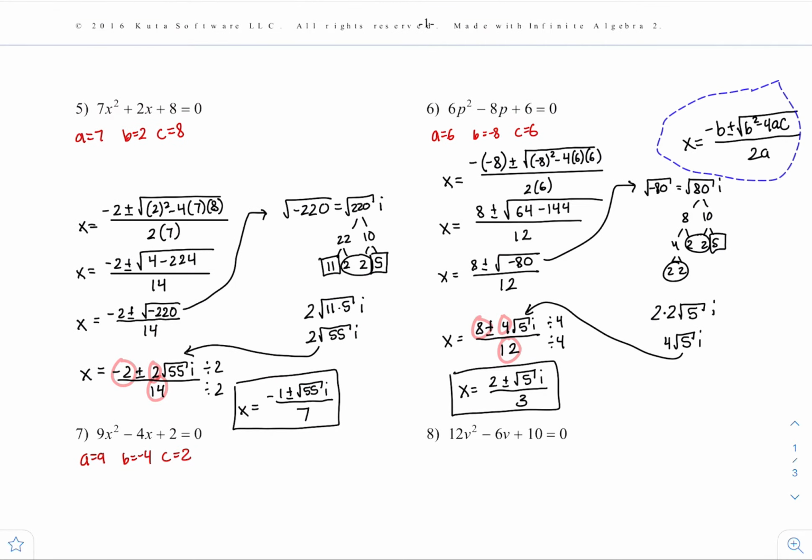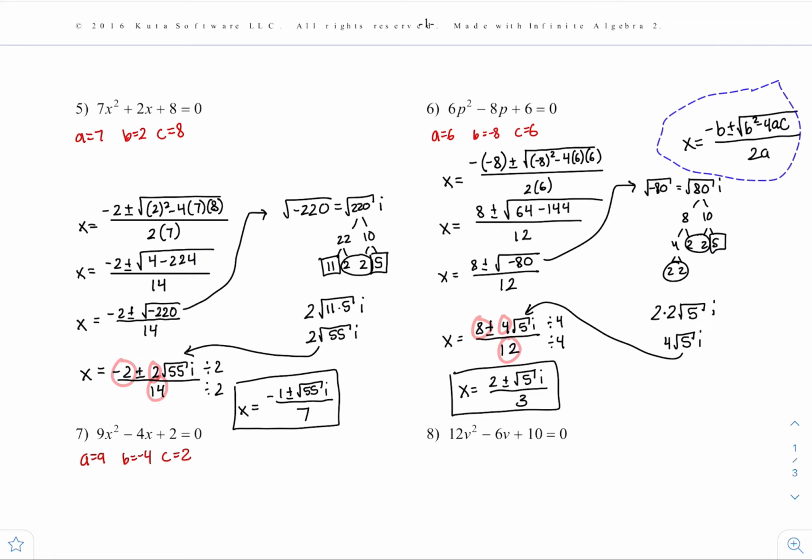I'm going to drag my quadratic formula with us. Keep it as a reference. Square root of negative 4 squared minus 4 times a times c, all over 2 times a, which is 2 times 9.